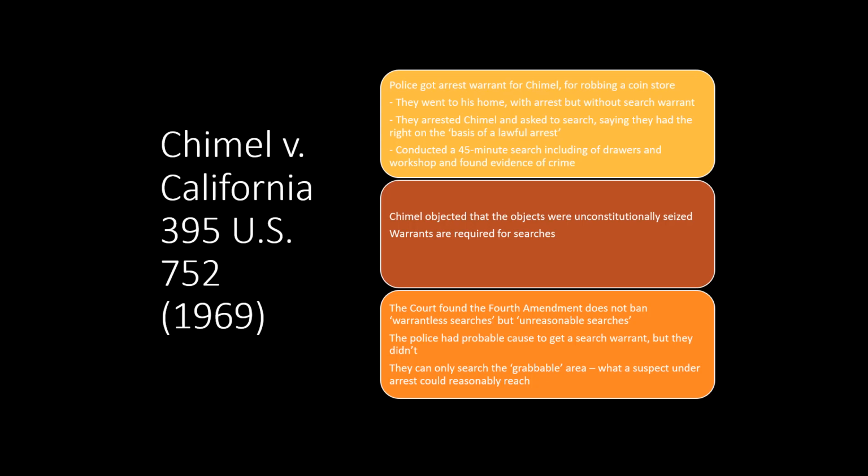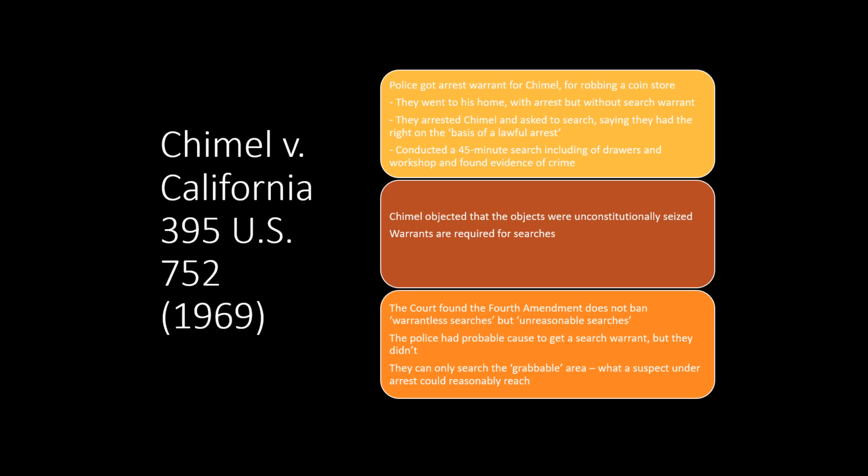Here the police had probable cause to go get a warrant, but they didn't bother. So they had an arrest warrant, and that arrest warrant gave them the right to search, but only within a reasonable area. Outside of that reasonable area, what they called the grabbable area, such searches were illegal.